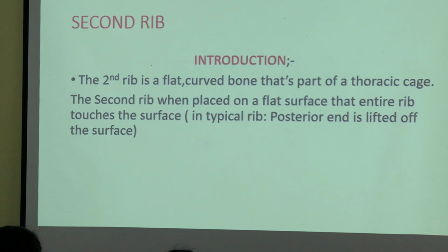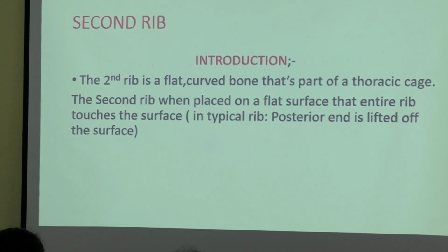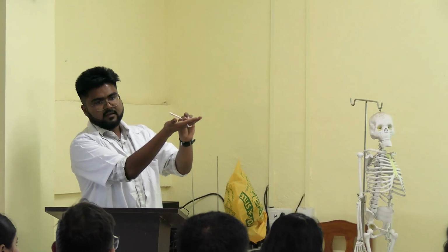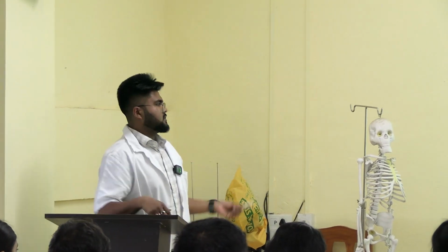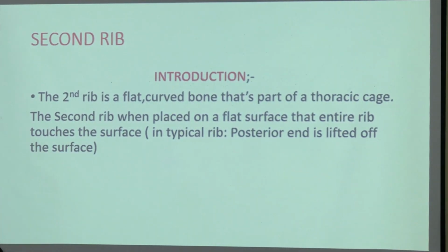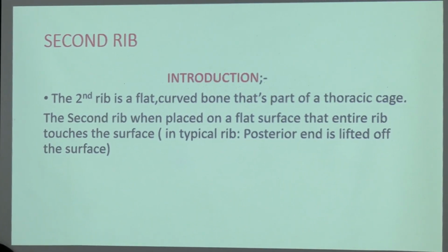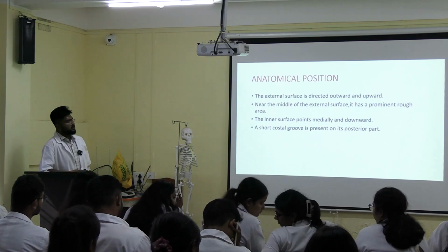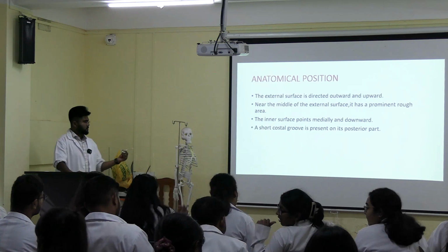In the typical rib, the posterior end is lifted off, like this. In the second rib, it is attached in the same line. But in the typical rib, they are lifted off posteriorly. So one feature of this second rib is that it is not twisted, but the typical ribs are twisted.